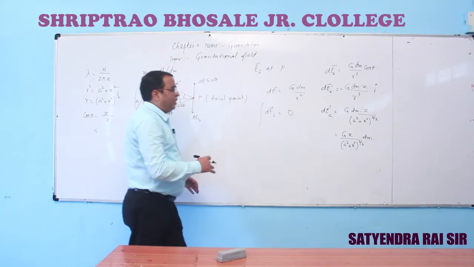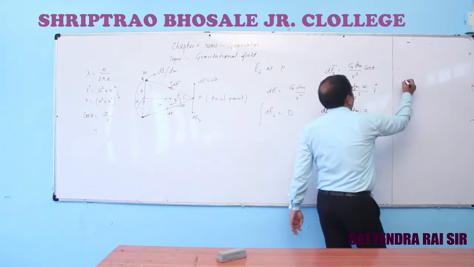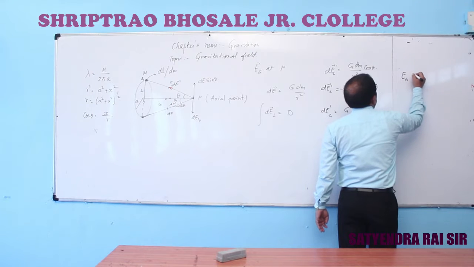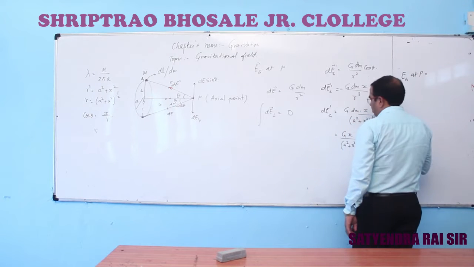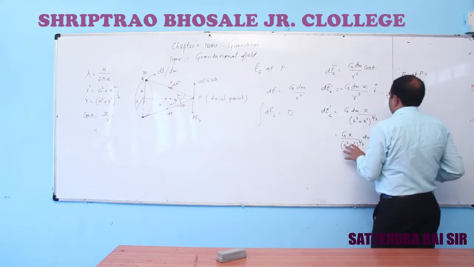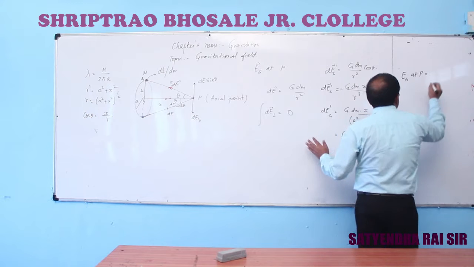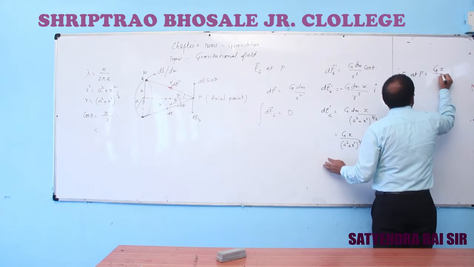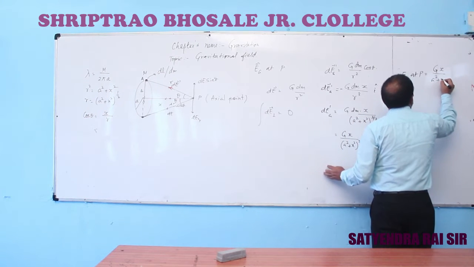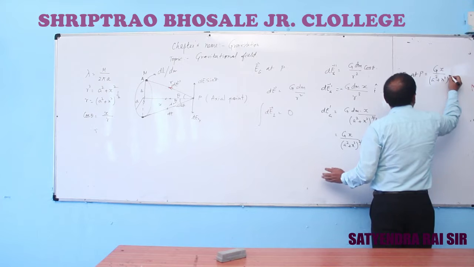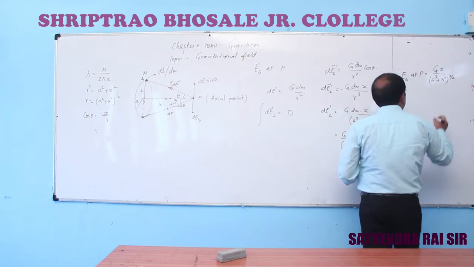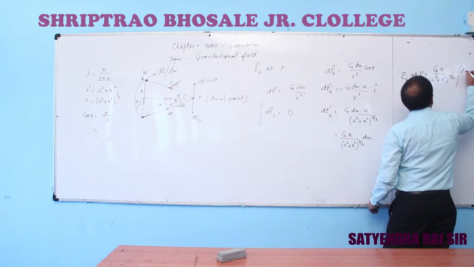And so the total field E net, or E_G at P, can be obtained by integrating this term, which is G x upon (a square plus x square) to the power 3 by 2, into the integration of dm.